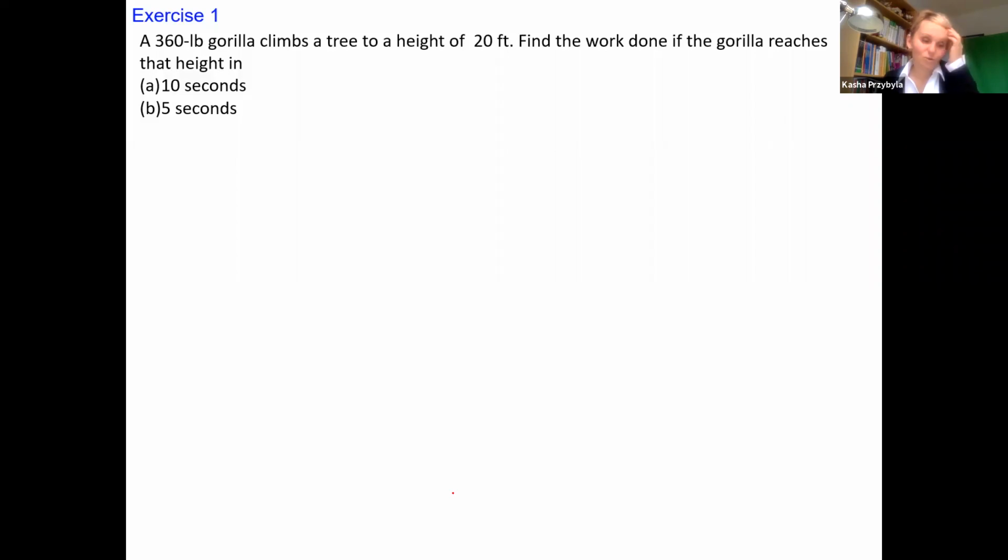What do you think? What will be the work? Okay, because I'm asking for the work. Can you tell me the formula for the work? Do we have to integrate? Yeah, we will use mass times g, the acceleration due to gravity, if we see the metric units. If we see pounds and feet, this means that the weight is given.